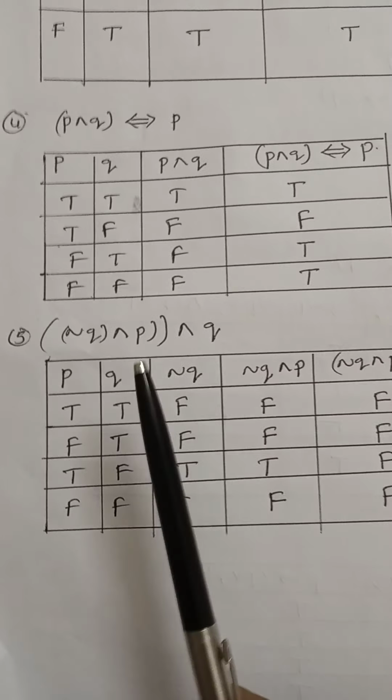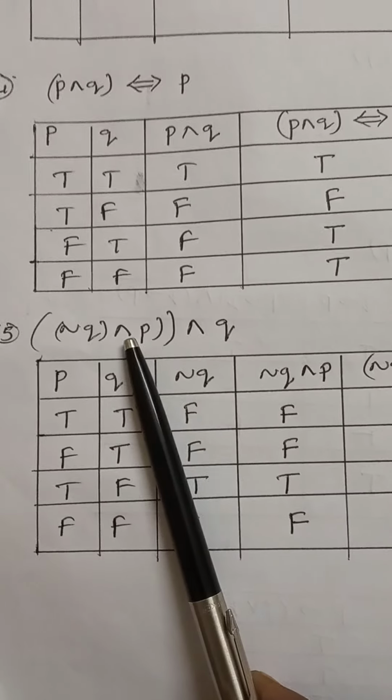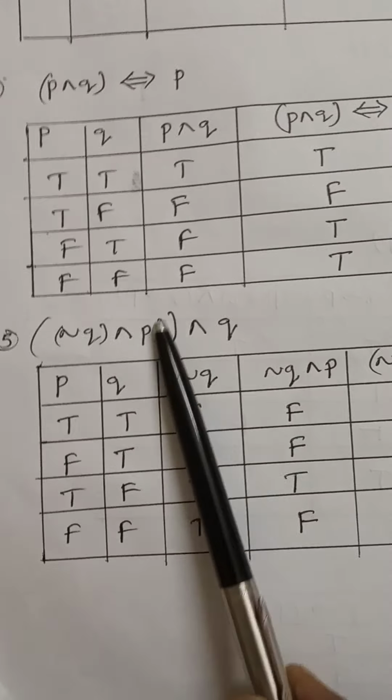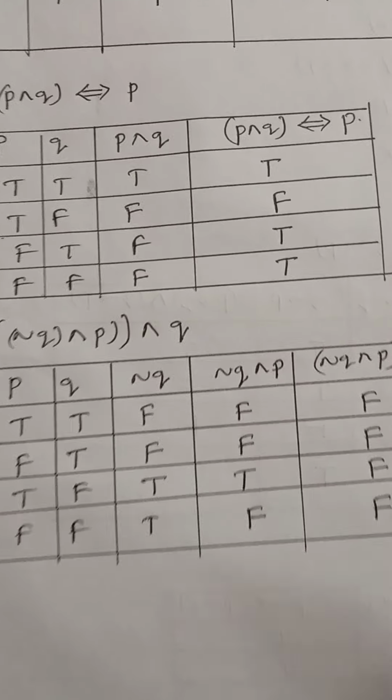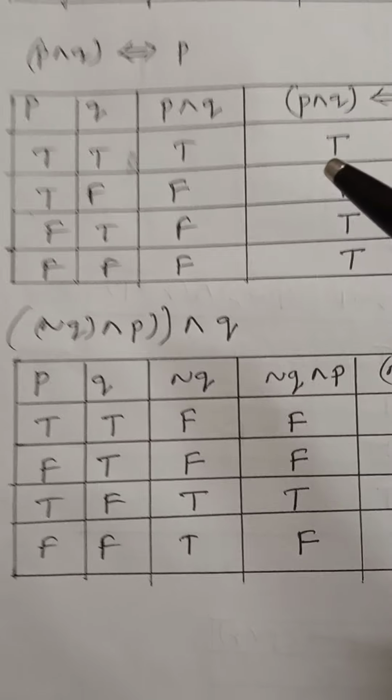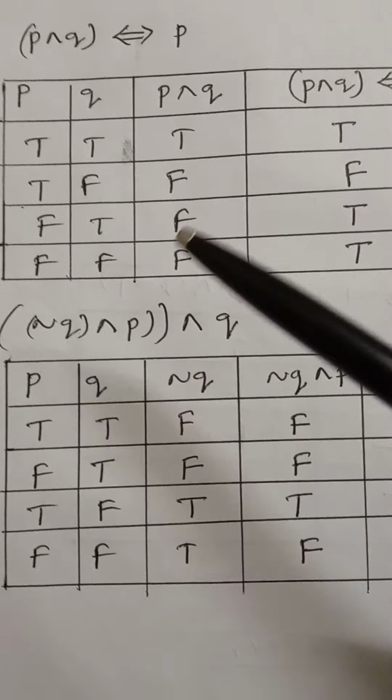Similarly, fifth one, negation Q and P, whole thing and Q. Again, two statements are given to you, P and Q. Identify the simple compound statement first of all. That is, negation Q is there, negation Q and P is there.